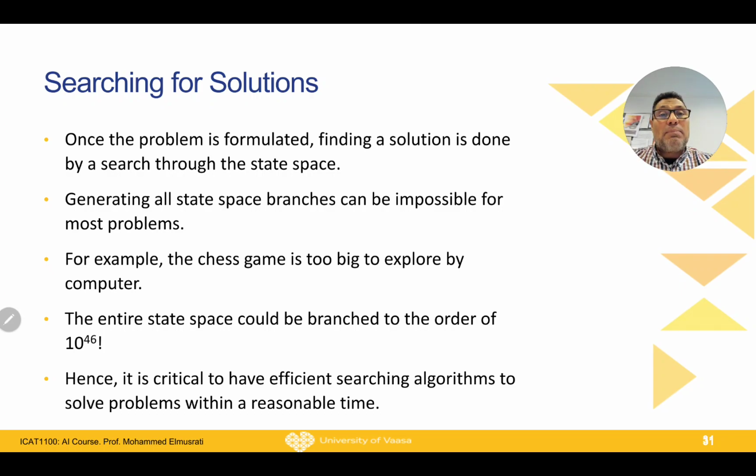But now we are talking about a certain class of problems that can be represented as a tree, or as a graph, and then we want to implement a searching technique to find the solution over that graph. So this is only a certain class of AI.